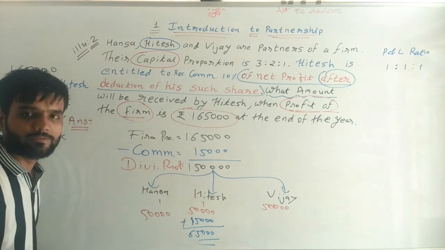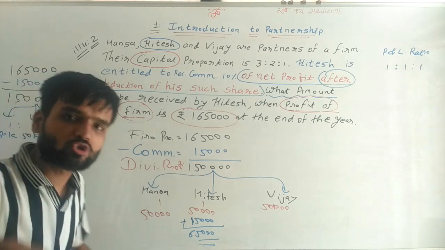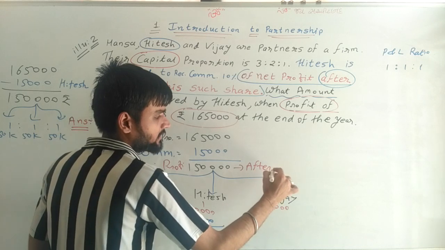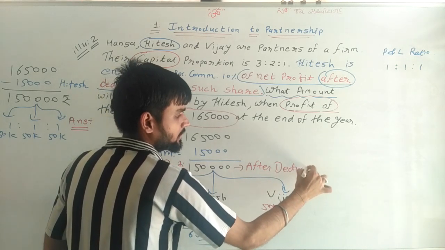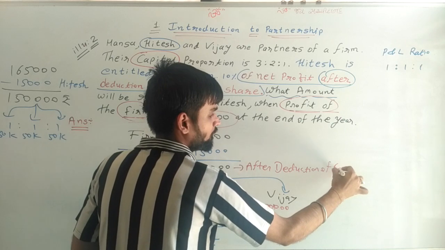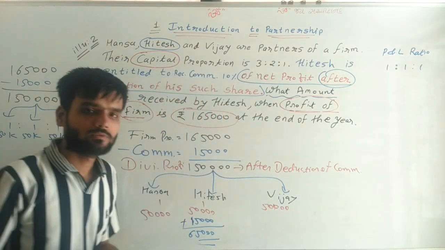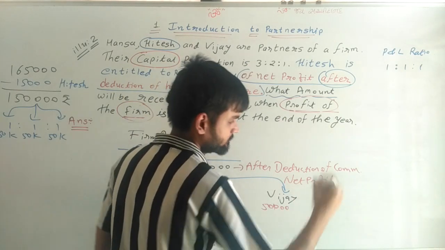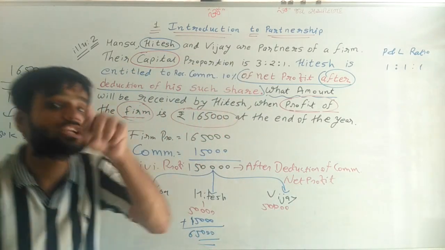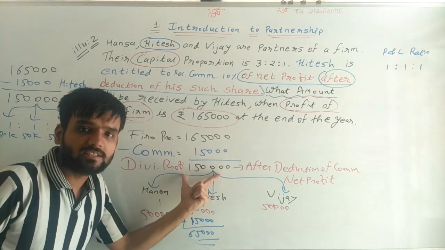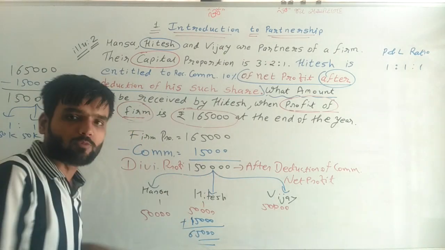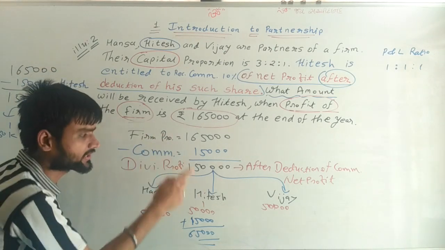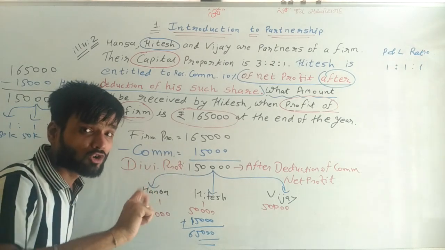Now this divisible profit is also called net profit after deduction of commission, because how have we found this divisible profit? Sir, first of all, the firm's profit is given. Then we have deducted commission.